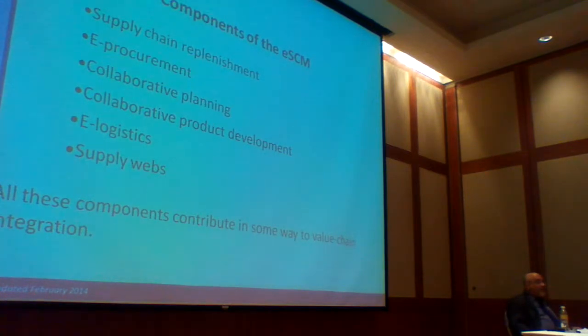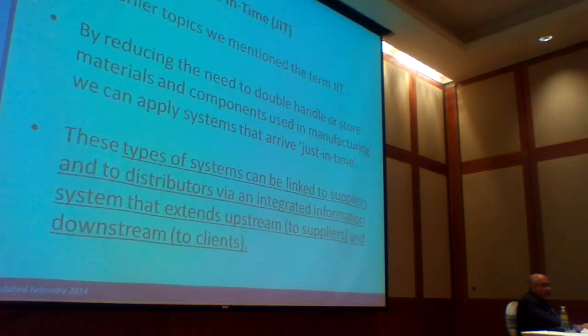Then we have collaborative product development, where different companies work on developing products, as in alliances. We have e-logistics also, managing the movement of material online using the internet and supply webs. So all these are solutions dealing with logistics and supply chain with the internet.